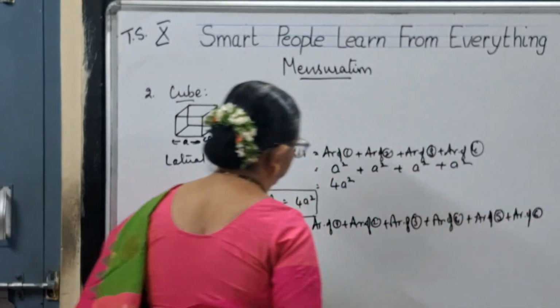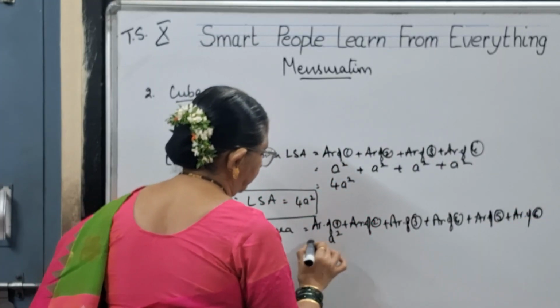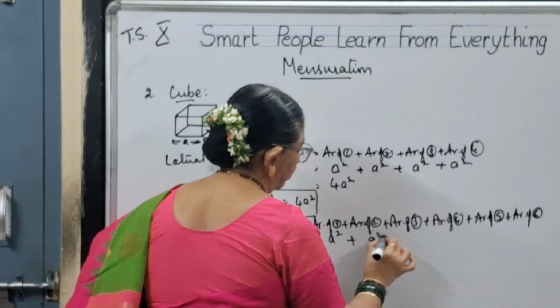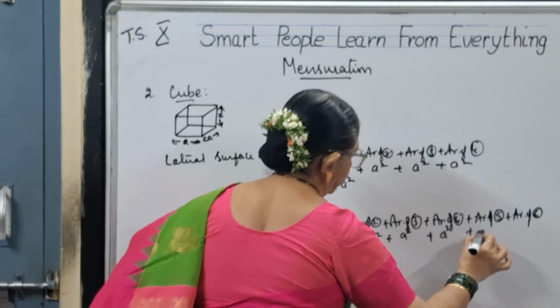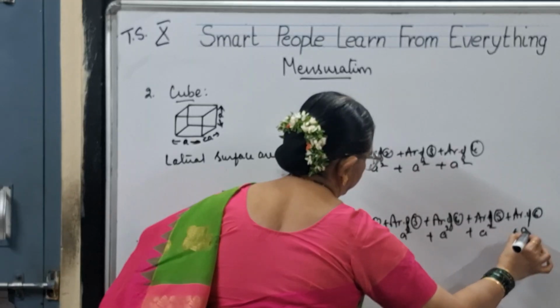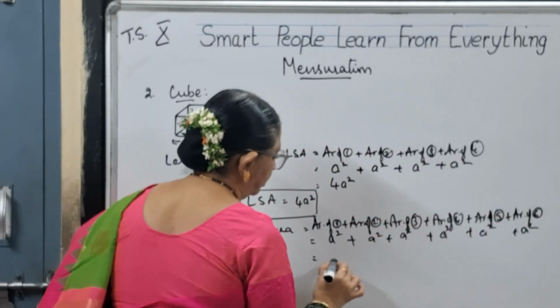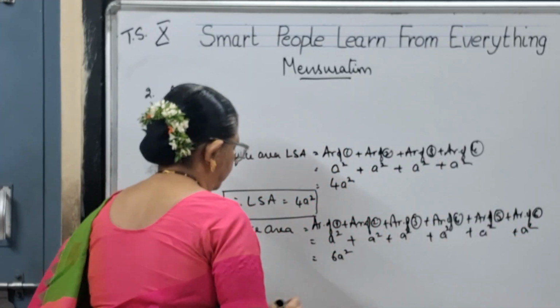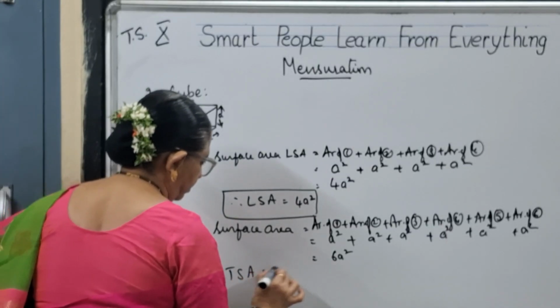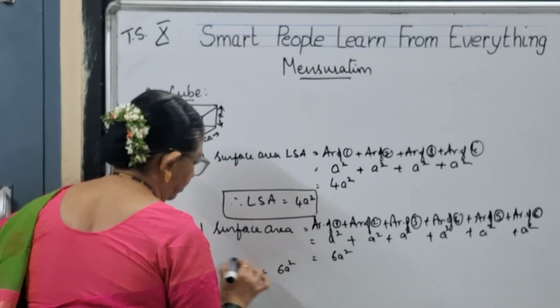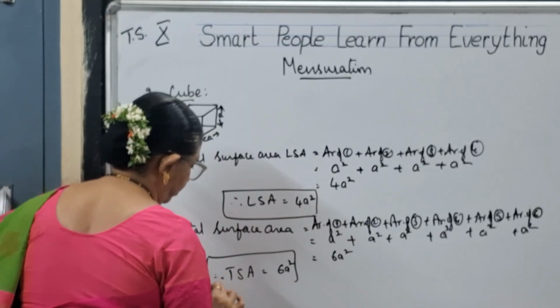So each one is A square, plus A square plus A square plus A square plus A square plus A square. How many times? 6A square. Therefore, TSA is equal to 6A square is the formula.